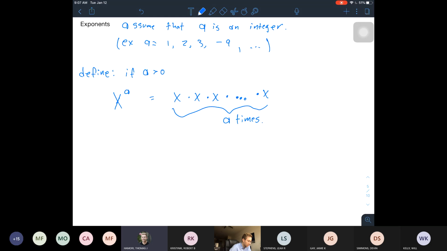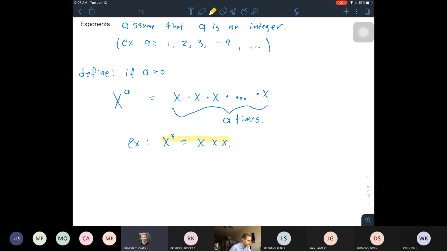So if a were 3, for example, x cubed is equal to x times x times x. I think this notion should be fairly familiar for x cubed.